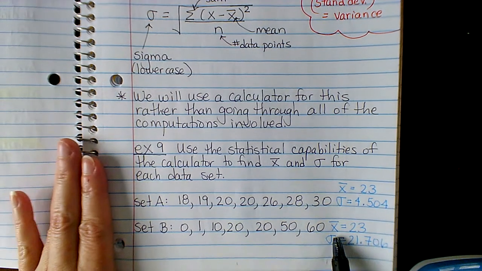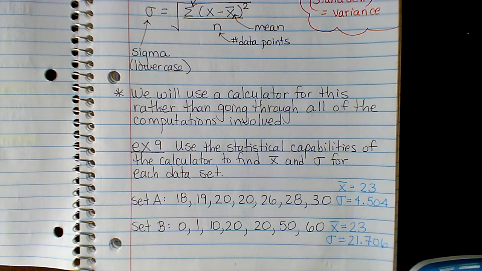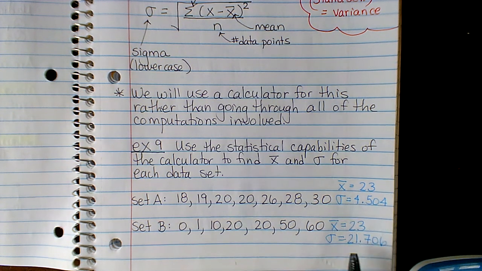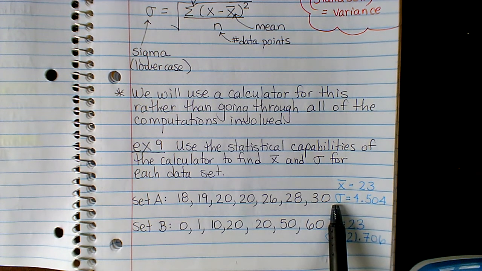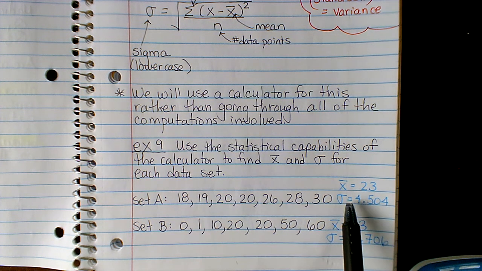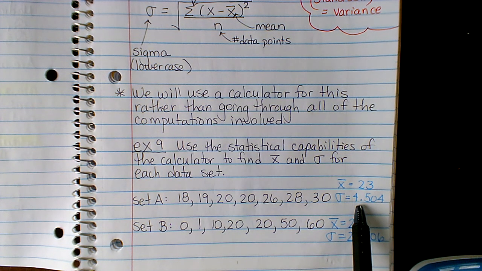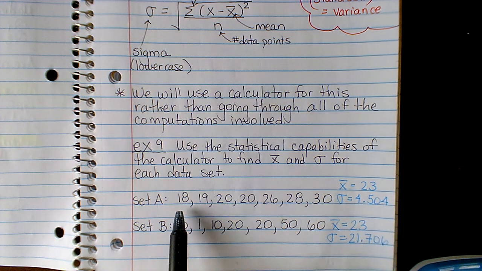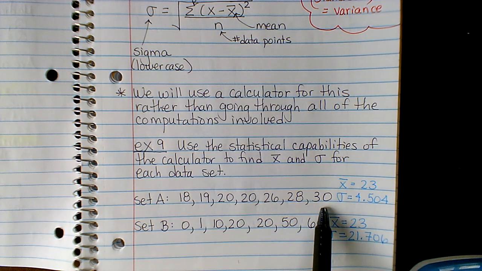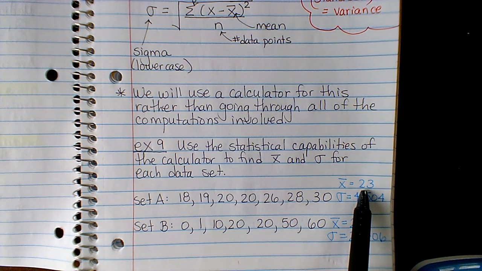So these two data sets have the same mean. They both have a mean of 23. But their standard deviations are different. One of them is 4.504 and the other one's 21.706. What does that tell you? Well, this standard deviation being smaller means that these data points are all closer to this mean, right?